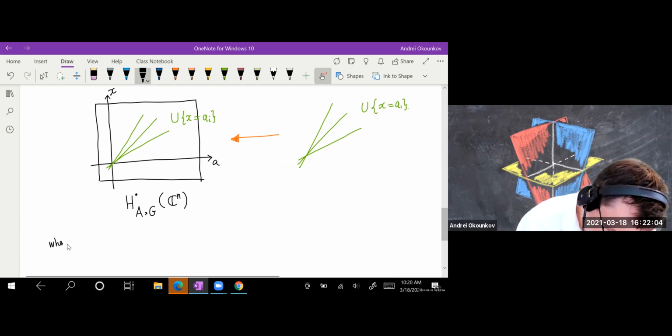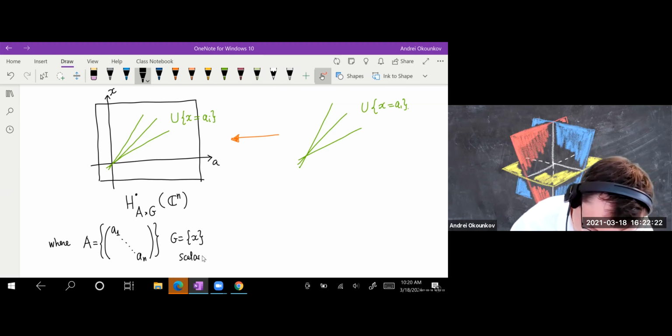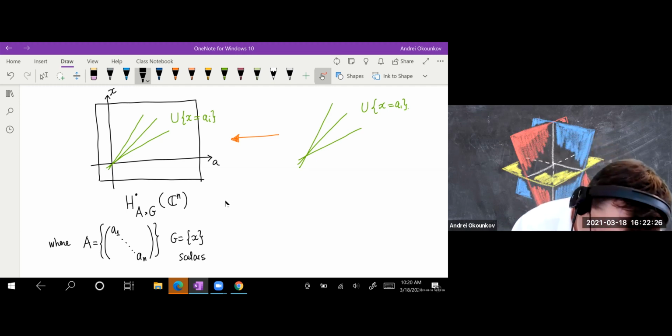where A is the group of diagonal matrices with coordinates a_n, a torus, and G is the group of scalars. So in this case, it's a very trivial group, but nonetheless. And here, this is the spectrum of that.